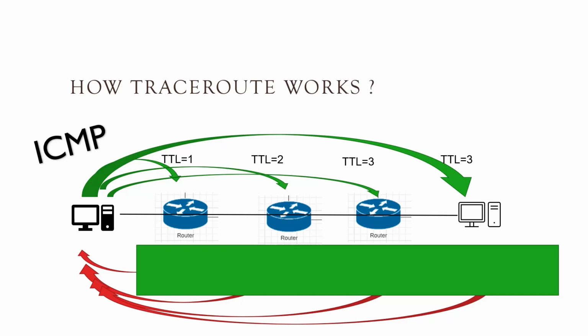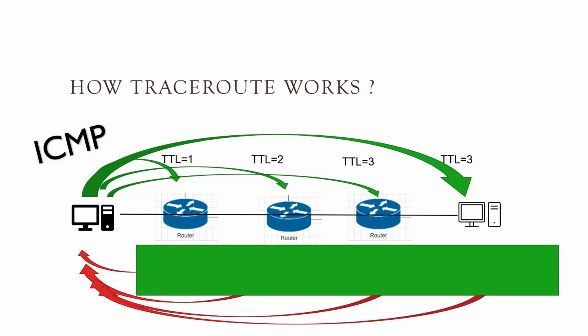This packet will not cross the first router, because as soon as it reaches the router the TTL value is decremented from 1 to 0, then it discards the packet and sends back a TTL exceeded error message to the source. In this error message, the source IP of the router is used to identify the path.